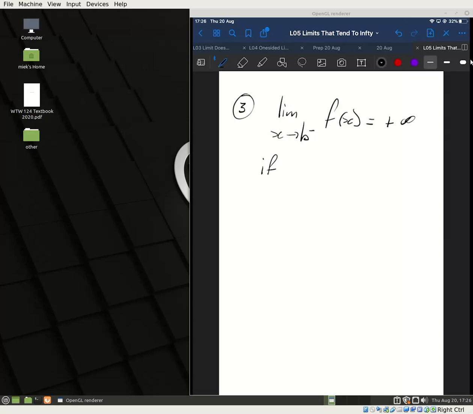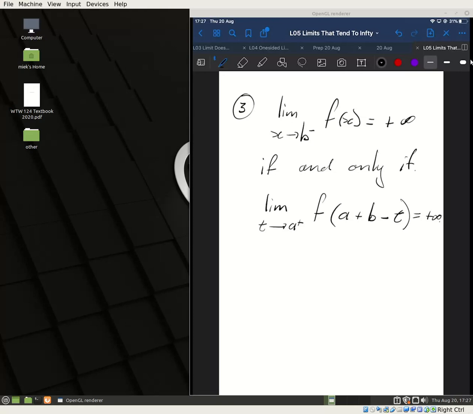This holds true if and only if the limit as t tends to a from the right of f of a plus b minus t is equal to plus infinity. Okay, so this one looks a little bit strange.